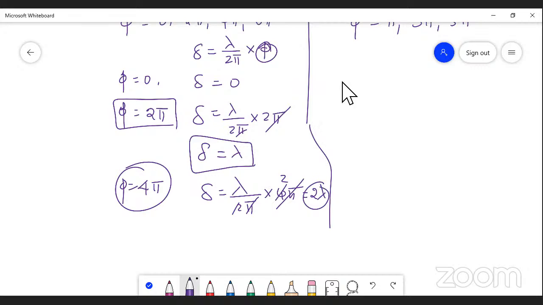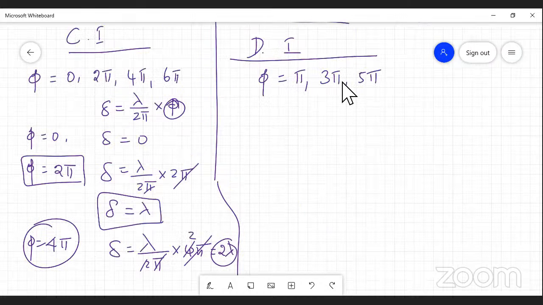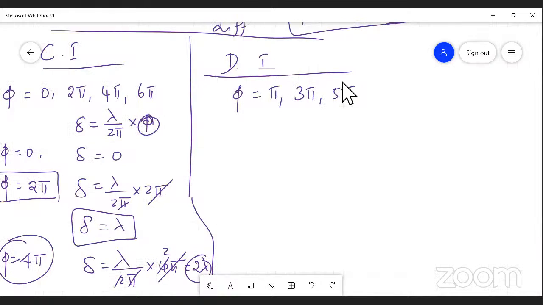This is the relation between phase and path difference for constructive interference. Next, destructive interference: phi is equal to pi. Delta is equal to lambda divided by 2 pi into pi.